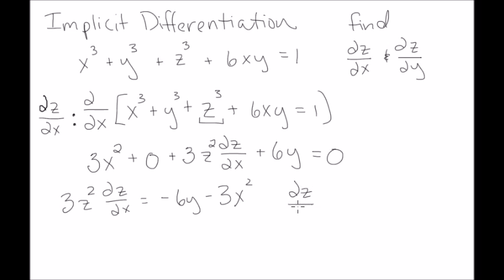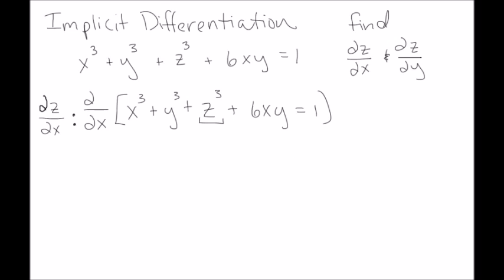I get dz dx is equal to, pulling out the negative sign, negative 1 over 3z squared times 6y plus 3x squared. So I've just divided the 3z squared over to the other side, having factored out that negative sign.